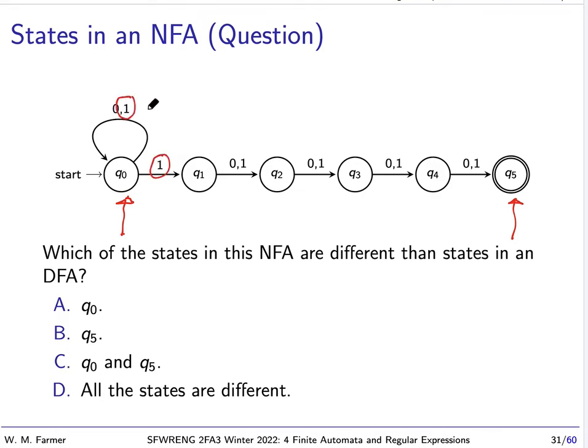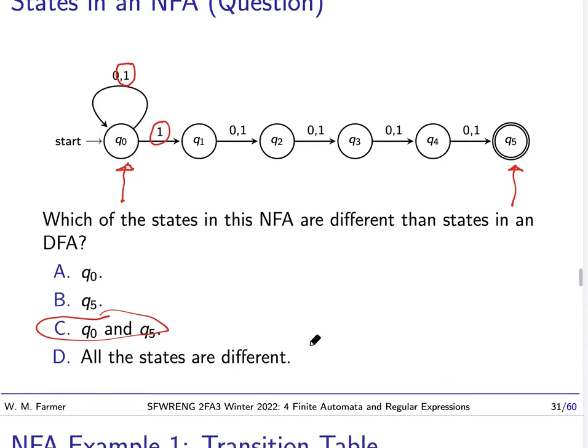This is not allowed for DFAs. For a DFA, you have exactly one transition for each symbol in your input alphabet. Q5 is different because it has no transitions at all out of it. For a DFA, you have exactly one transition out of every state for every symbol. So this is the correct answer.